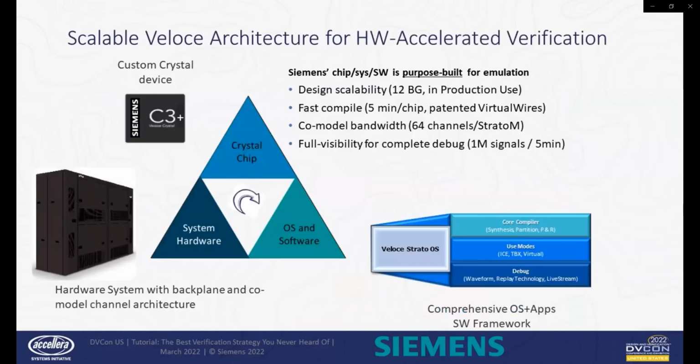The platform is designed for scalability, from custom silicon chips to boards to entire system and software. All is designed and implemented in-house at Siemens EDA to provide a comprehensive hardware-assisted verification platform. Scalability does not limit to one aspect. It applies to the entire flow of your work.